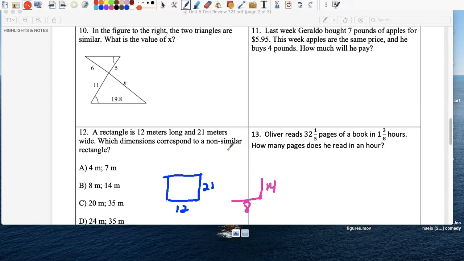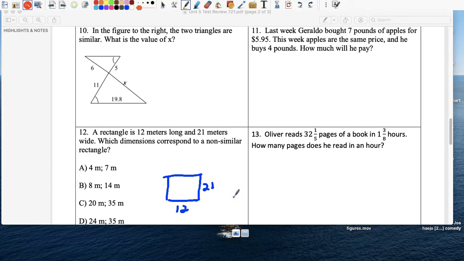So if I divide 12 by 1.5, it gives me 8. And 21 divided by 1.5 is 14. So again, similar, right? Because the proportions are equal.